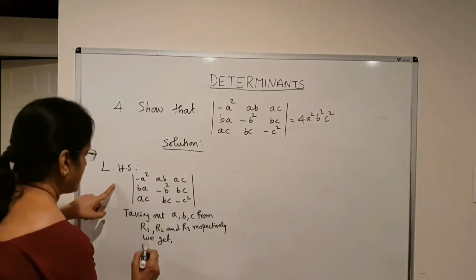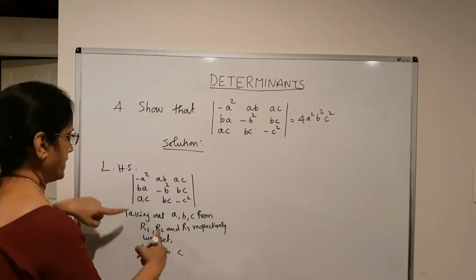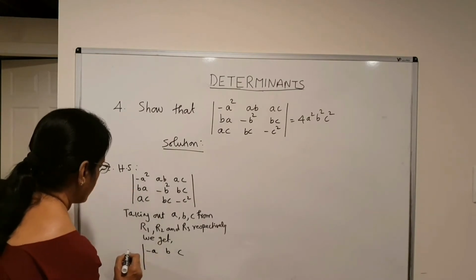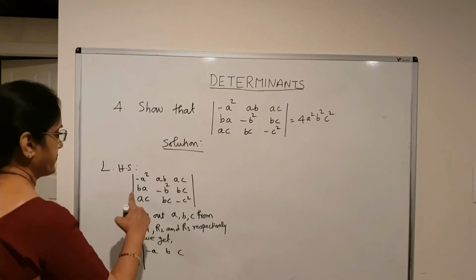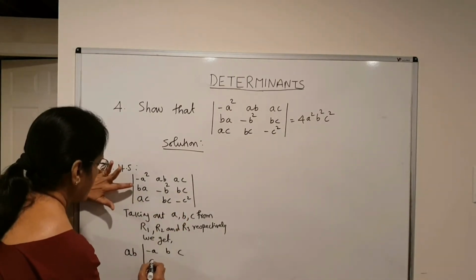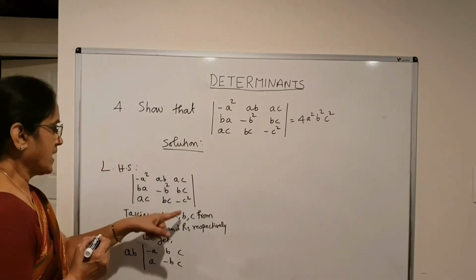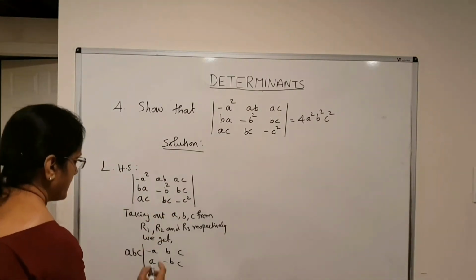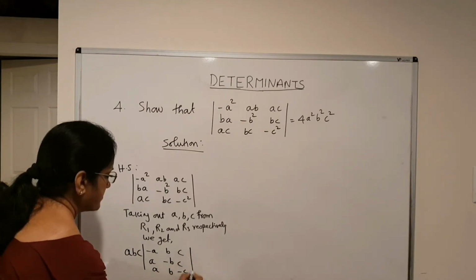So I will be left with minus a, b, c. Then b from R2, I will be having a, minus b, c. And I am going to take out c from R3. Inside I will be having a, b, minus c.